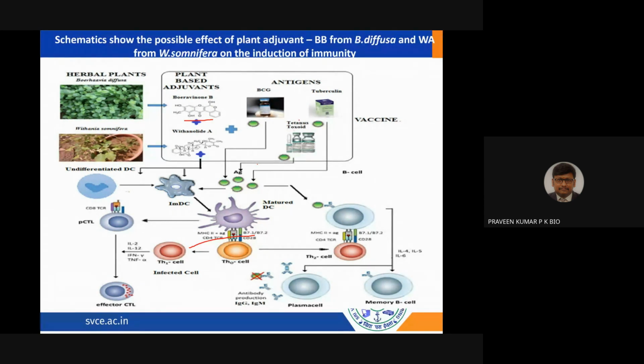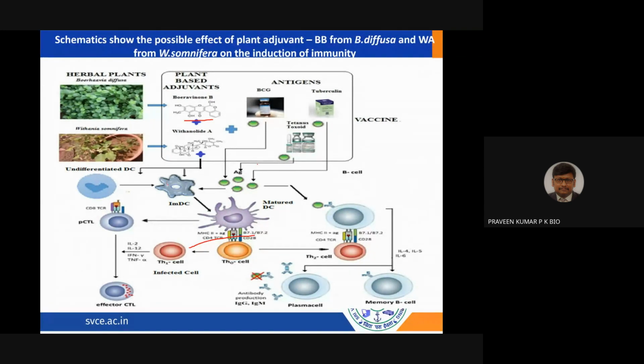toxoid. So what I do, I take these vaccine antigens, and from the PBMC, from monocytes, the immature dendritic cells are developed. So at that time, I also included these plant-based drugs as adjuvant. When I used this, these immature dendritic cells rapidly matured. Actually, immature dendritic cells develop on the fifth day from the monocytes, and the mature dendritic cells develop on the seventh day.